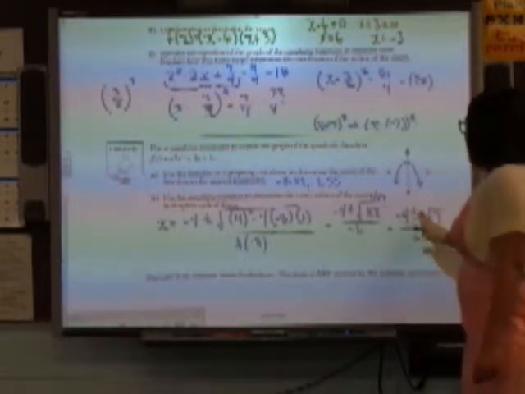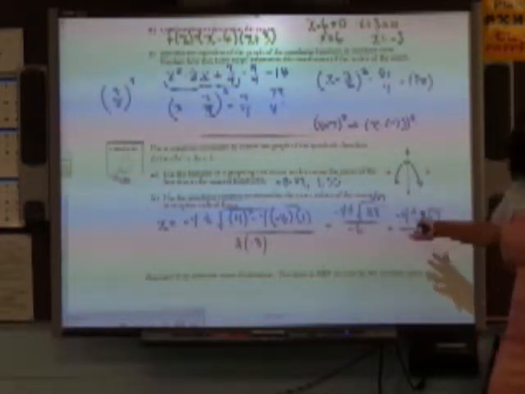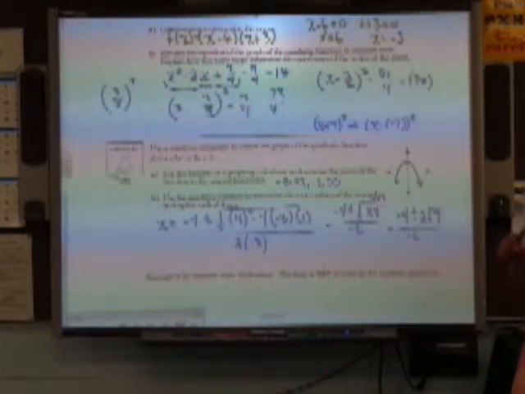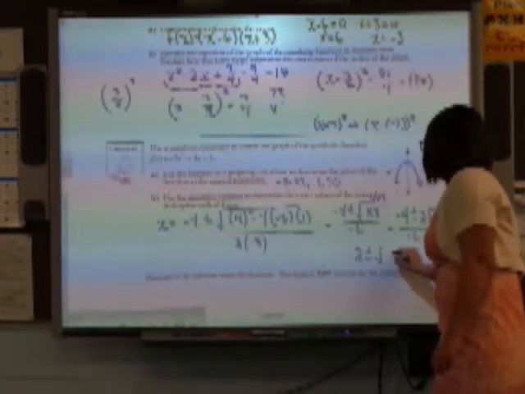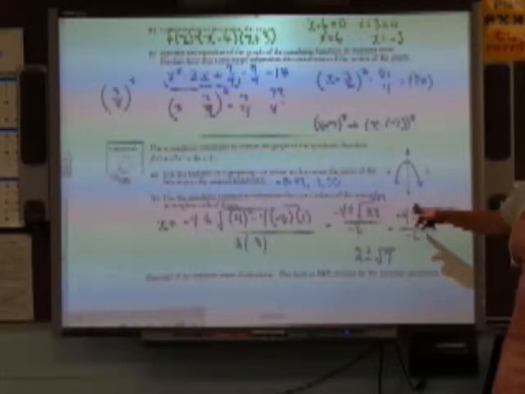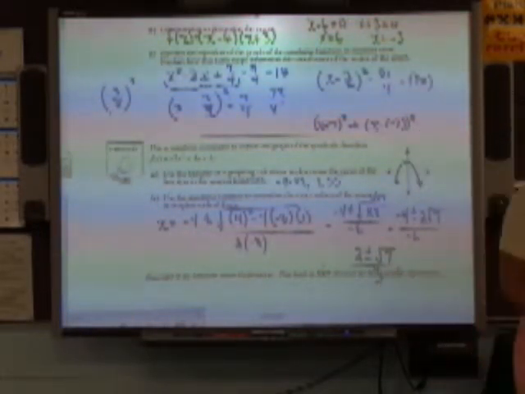They all have a common factor of negative 2. So negative 4 divided by negative 2 is 2, and then 2 divided by 2 is 1. And the positive and the negative would still stay as positive and negative. And then over negative 3.